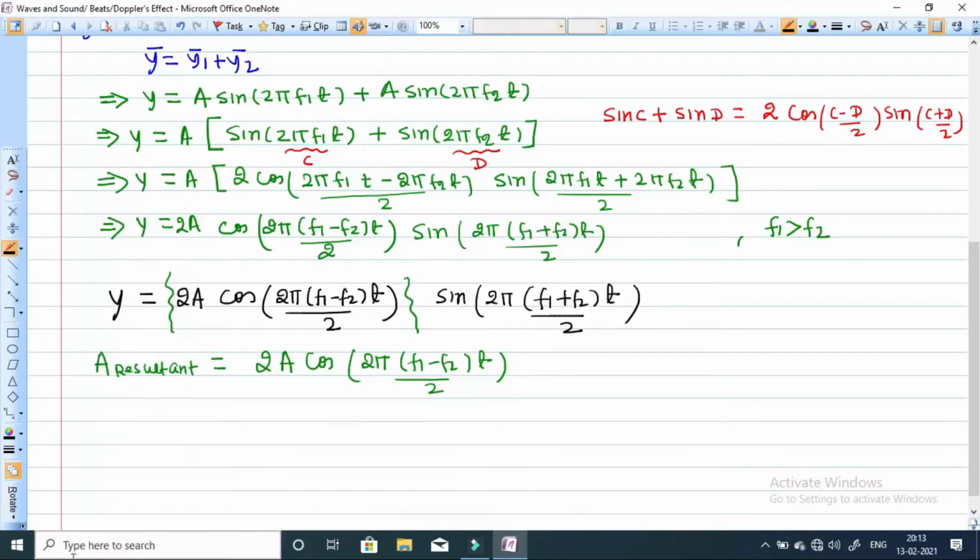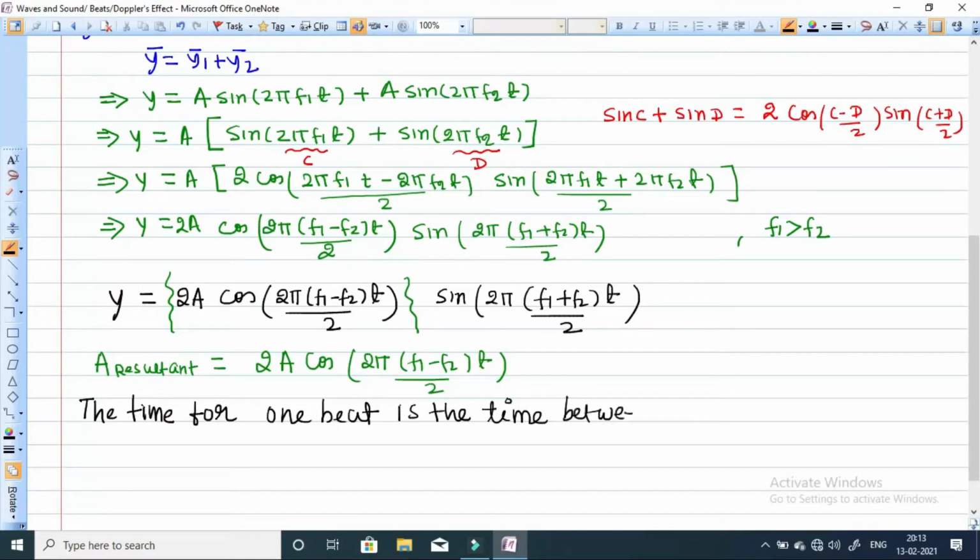So the time for one bit is the time between consecutive maxima or minima.